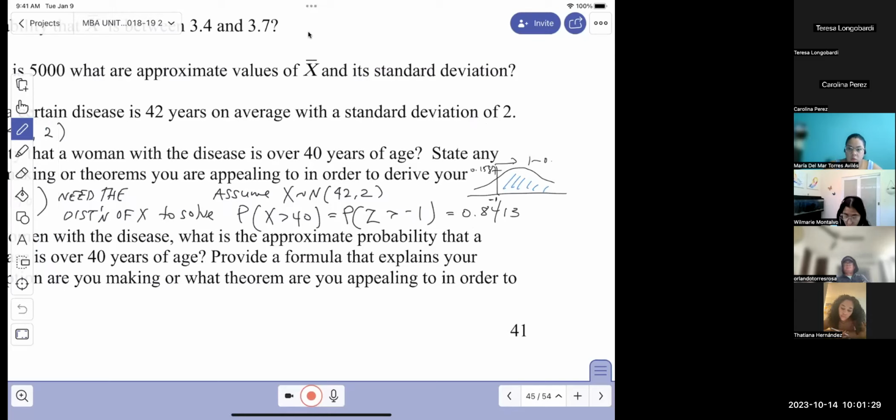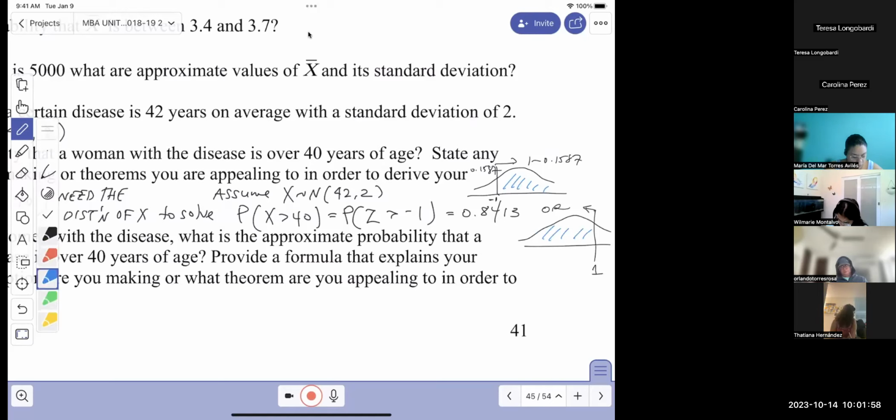So you do 1 minus that, or you can just look up less than +1, change the sign and direction, you'll get the same answer. Sign and direction.